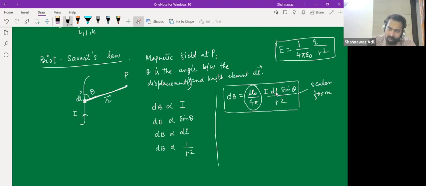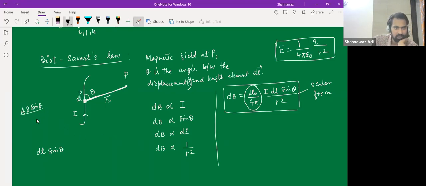So can you tell me what is dl sine theta? How do you get something like sine theta? Let's say I am getting something AB sine theta.